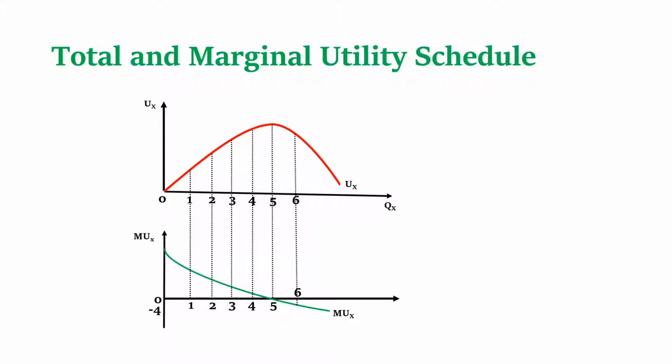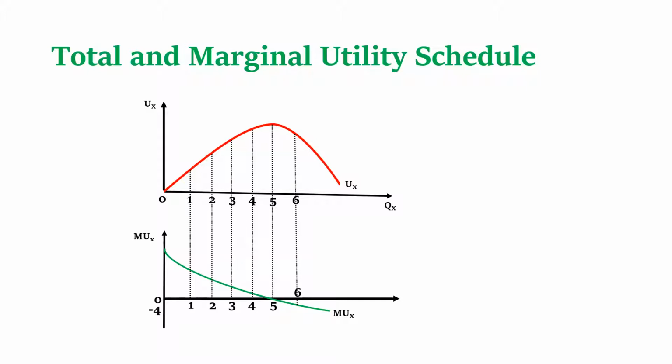In other words, the satisfaction becomes less and less as it consumes more units of hamburger. So that's why you see the inverse relationship here between the total utility and the marginal utility. The marginal utility curve has an inverse relationship with the quantity.